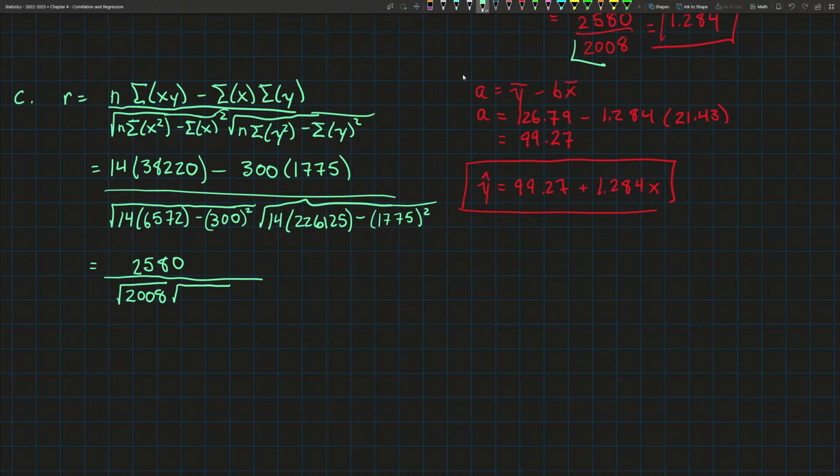Then times a little bit different: 14 times 226,125 minus 1775 squared.